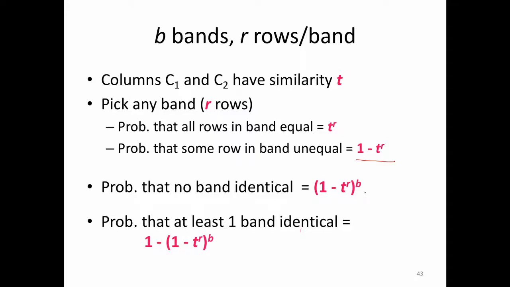Now there are b bands, so the probability that no band is identical is (1 minus t to the power r) whole to the power b. So 1 minus (1 minus t to the power r) whole to the power b is the expression for the probability that at least one band is identical, that is, that C1 and C2 are declared as a candidate pair.